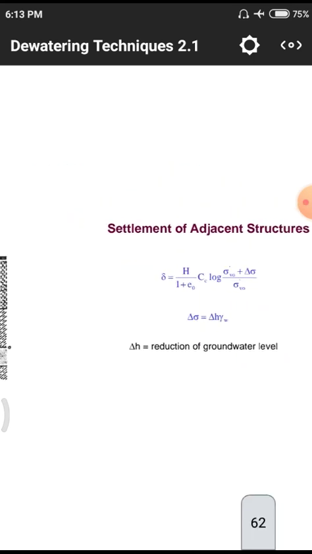What is the settlement of adjacent structures? If a huge number of structures lie on a particular field, we will definitely have to go for these dewatering techniques. Why? Because a huge load means the groundwater table will automatically be affected by these forces.